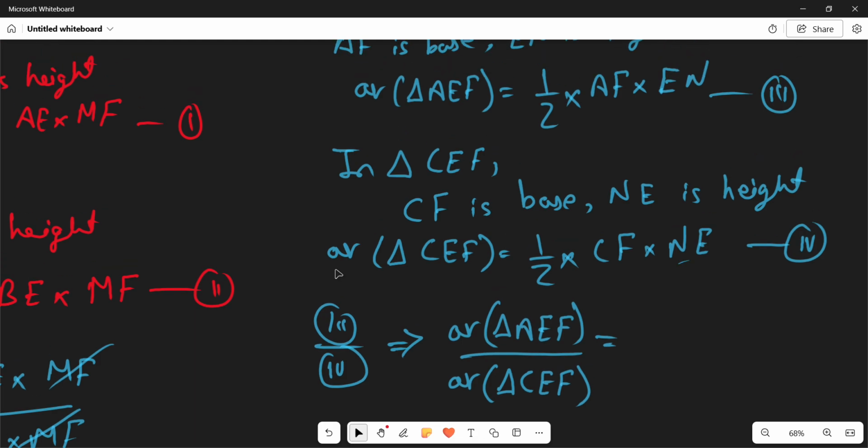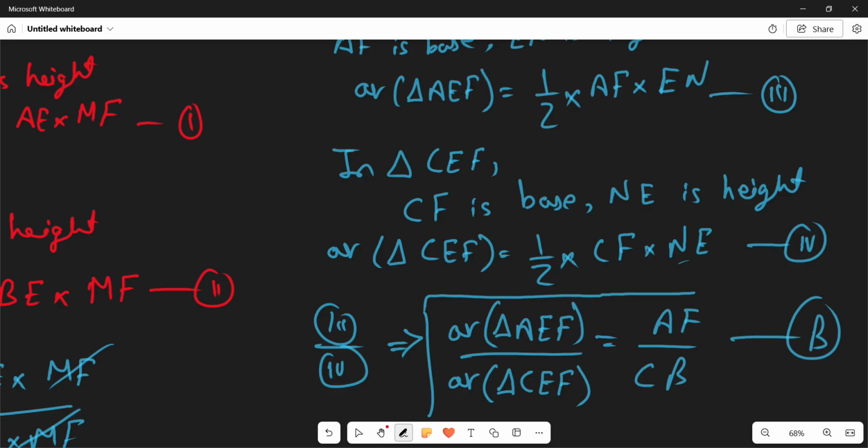They're the same thing, so it's AF upon CF that we are left with, because we have done this thing already in the first part. So I'm not doing the entire working here, because we can clearly see something will get reduced.